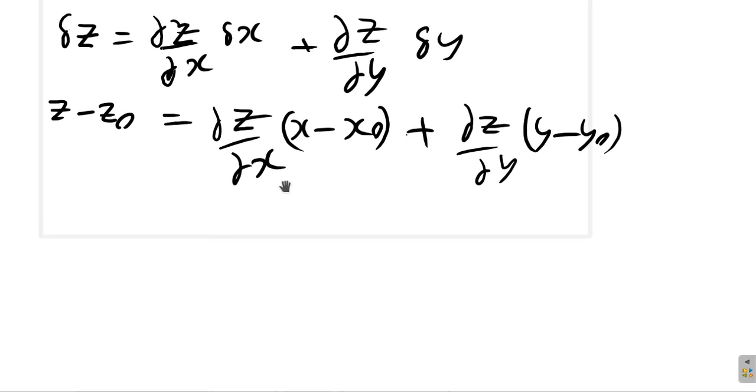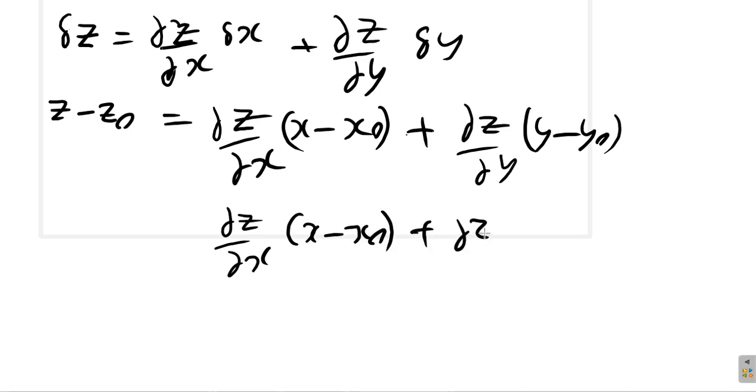Now we have the partial of z with respect to x and the partial of z with respect to y. One thing you can consider is if you rewrite this and put all of this on the left equals 0, this is what you would have. Partial of z with respect to x, x minus x naught, plus partial of z with respect to y, y minus y naught.